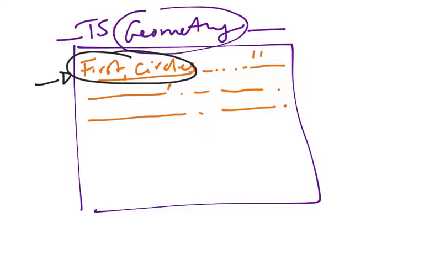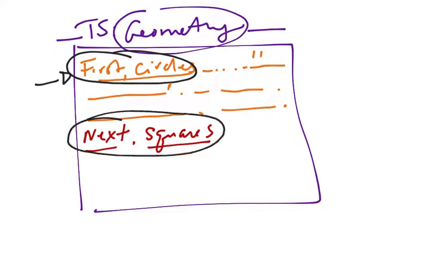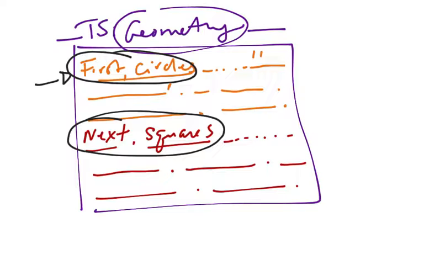When I'm finished with this section on circles, I might put next, I'm going to talk about squares. So this is the organizational language that I'm placing near the beginning of the sentences to indicate that the whole next series of examples will be on squares.